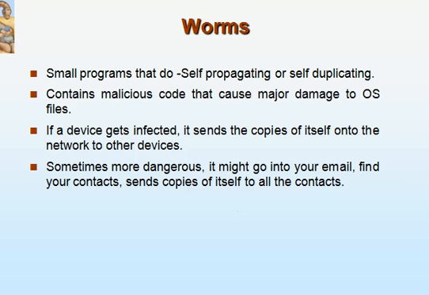Sometimes, more dangerously, it might go into your email, search your contacts and send copies of itself to all other contacts. So a worm is a bit more dangerous than a virus.